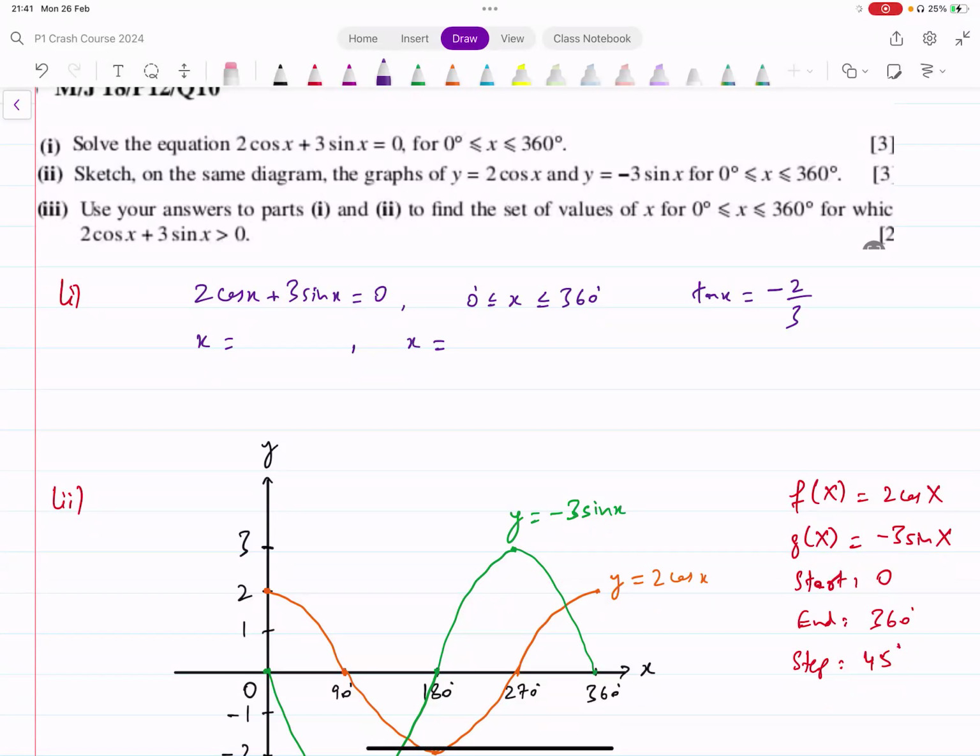Yes, and then tan is negative, that means second quadrant or the fourth quadrant. And it's degrees. Tan inverse of 2 divided by 3. That's given me 33.69.